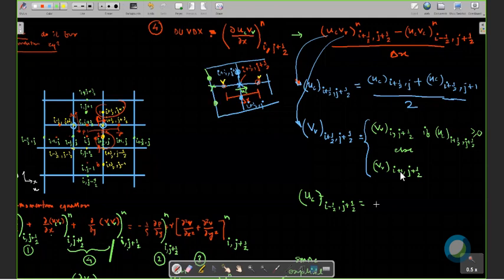So what are those points? You see, at what is this point? This is i minus half, comma j, and you see at what is this? i minus half, j plus 1.